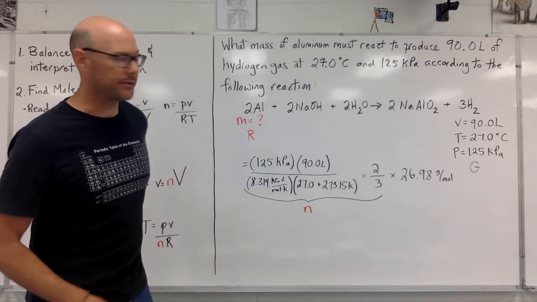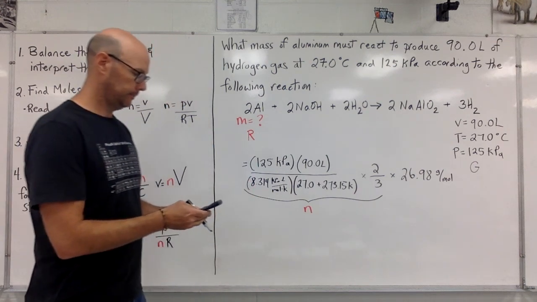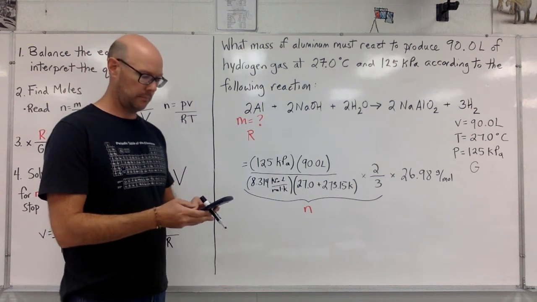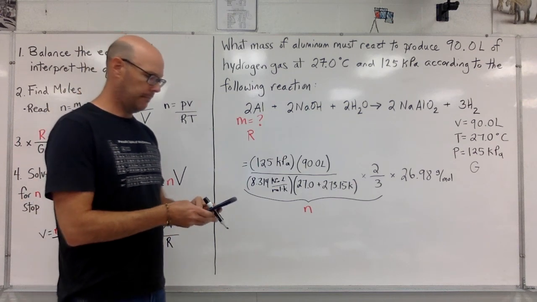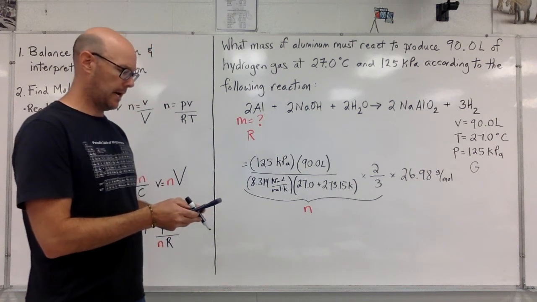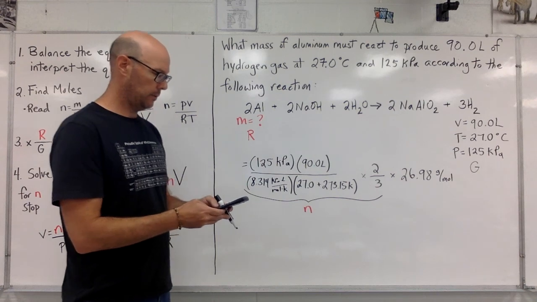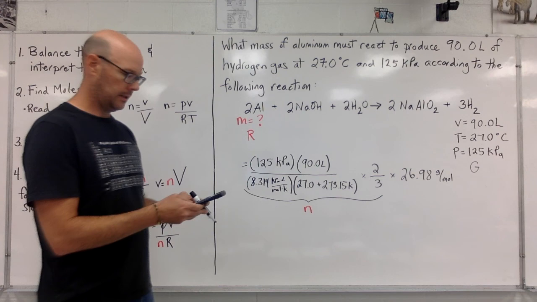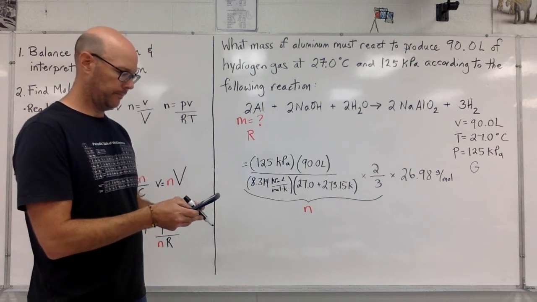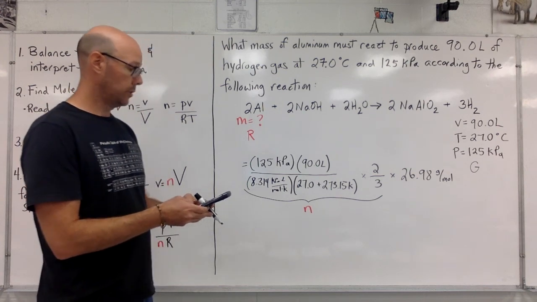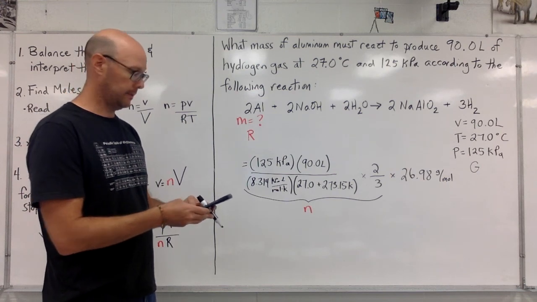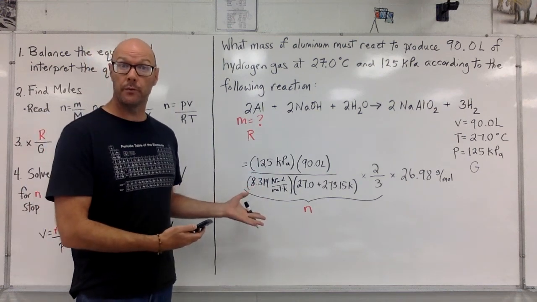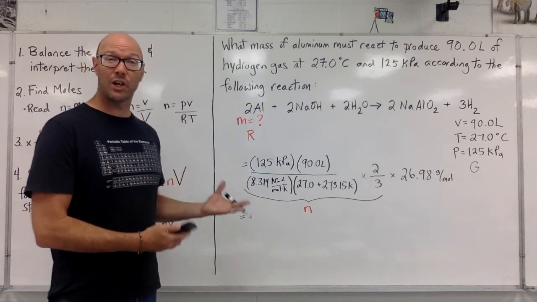Let's get to pushing buttons. 125 times 90 divided by 8.314 times 27 plus 273.15, times 2 over 3, times 26.98. Calculate this out with me. See if you can follow and get the correct answer.